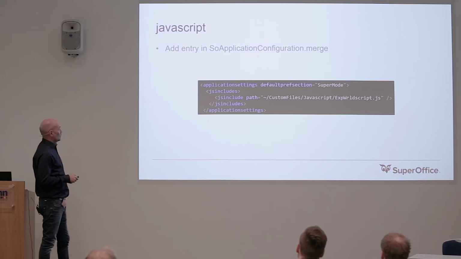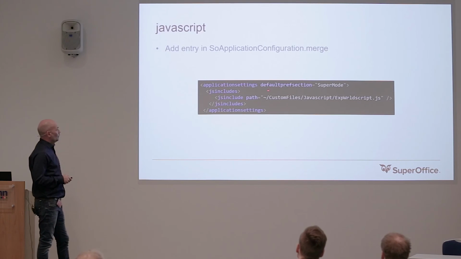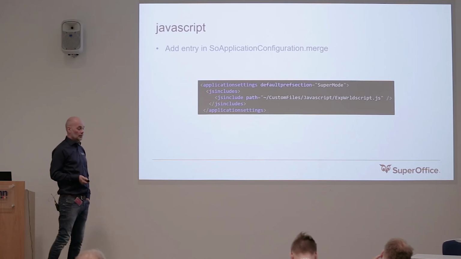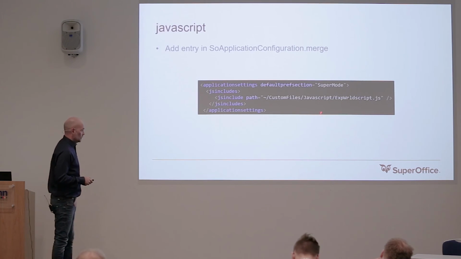This is how you include your own JavaScript. This will be added to all the other scripts, and I think it will be added to the end, so all other scripts are loaded before this.